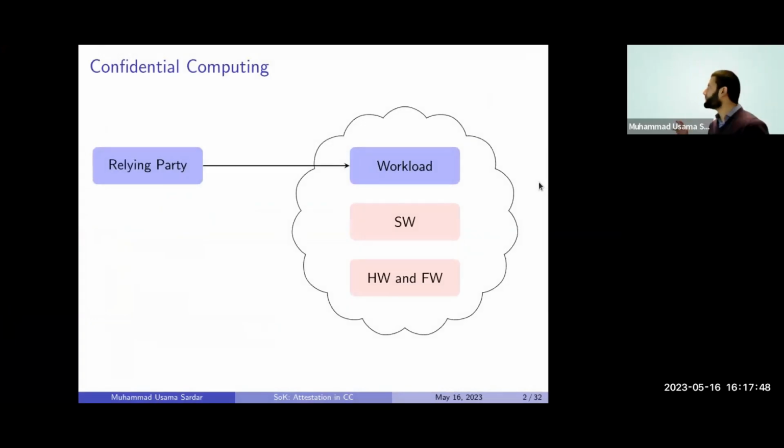So there are three main parties in the confidential computing scenario. First, there is this cloud provider, which, as I said, we want to remove from the trusted computing base. It can be, let's say, IBM or Google or Alibaba and so on. Let's first talk about the hardware side. There are different providers providing different kinds of solutions.